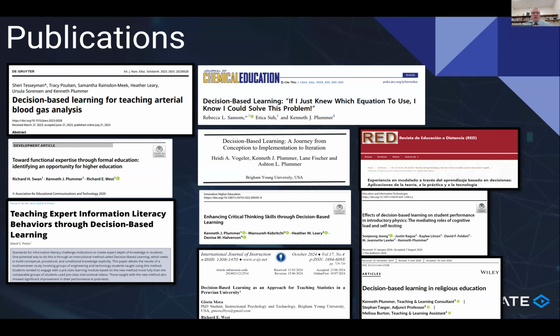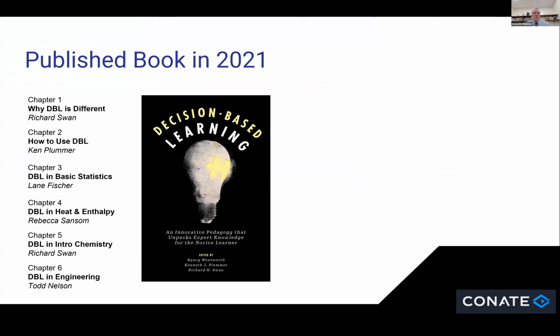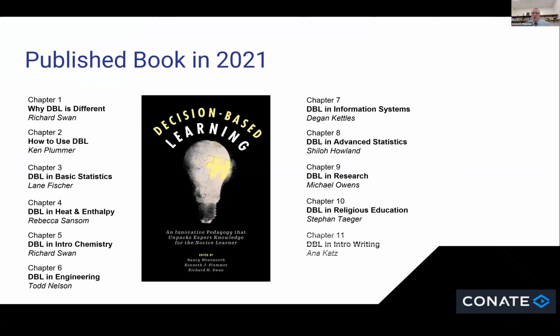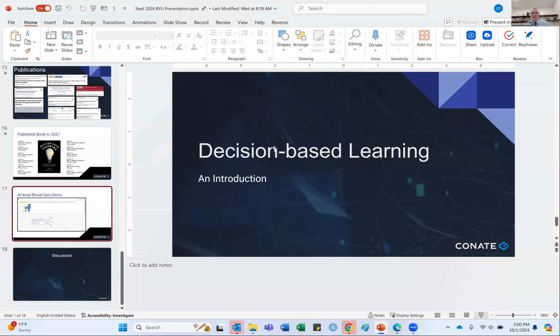We're excited about that and the things that we learned in a study we did with a large hospital here in our state. We've also published a book back in 2021, and this is just to show you a variety of disciplines that it's been applied in. So I'm going to show you a demonstration right now with arterial blood gas, and I want you to know that this can be used in any type of decision-making process that's engaged in respiratory therapy.